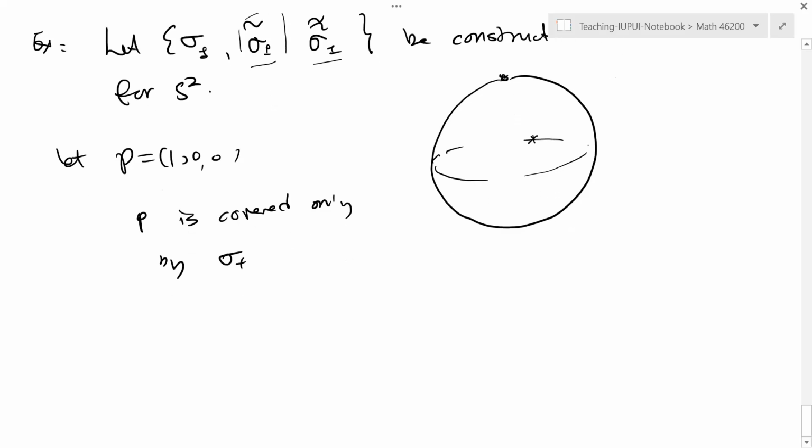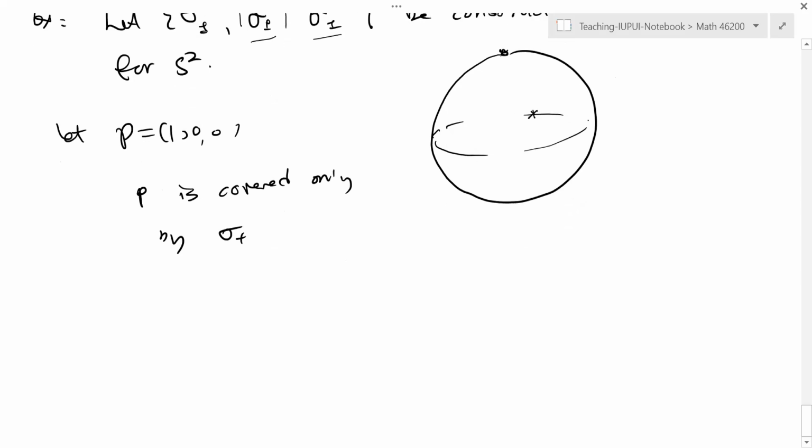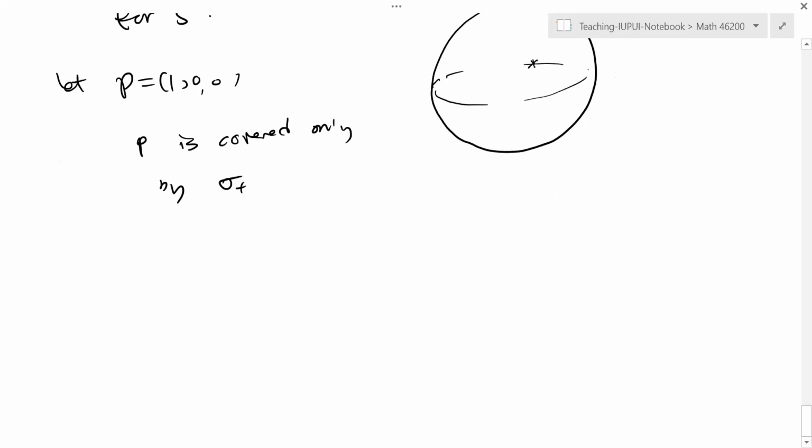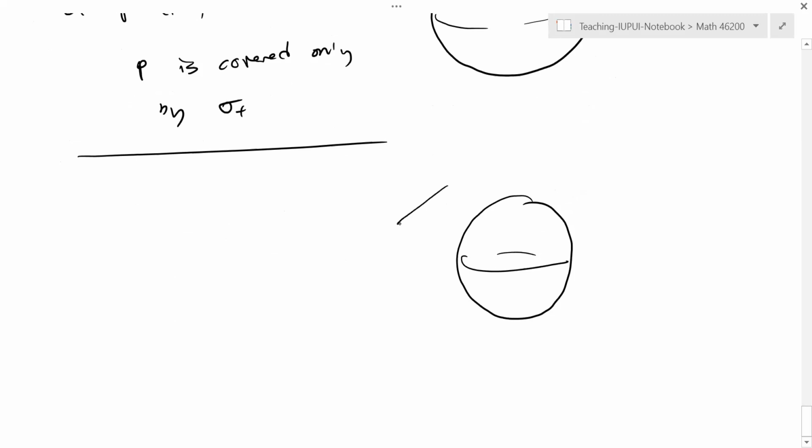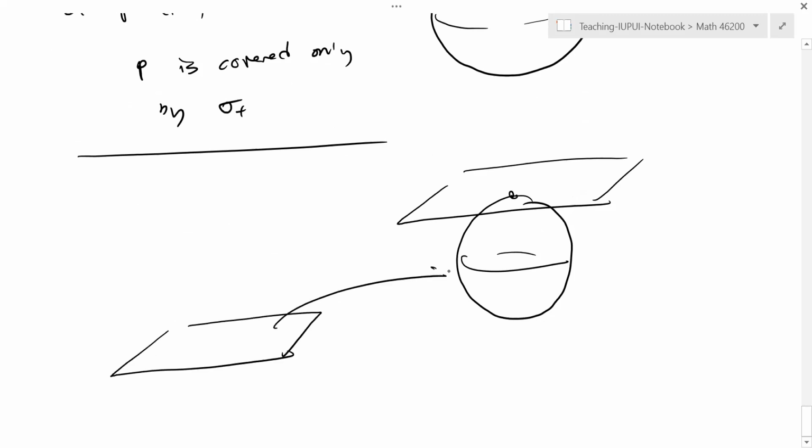I'm going to construct another one. Here's another; I just need two. This is a sphere. I put a plane on the top, attached to it. How can I define the map from here to here? This is another way to define it.